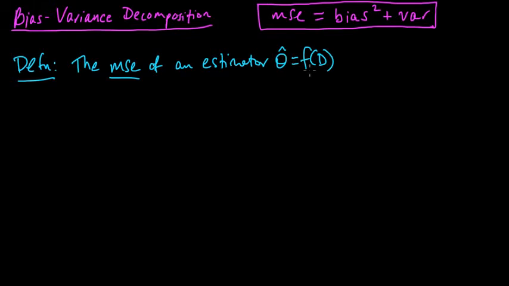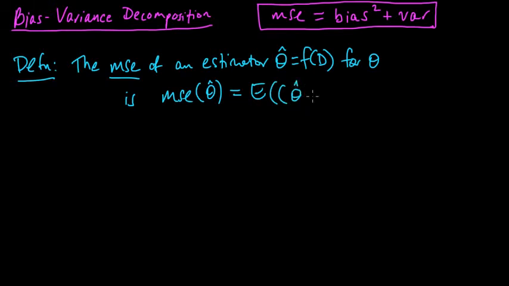So we're thinking of random data. So this is a random variable, an estimator for some parameter theta, and we write it MSE of theta hat, and it's the expected value of theta hat minus theta squared, given theta, to emphasize that we're not averaging over theta here. We have no distribution over theta. We're just averaging over the data.